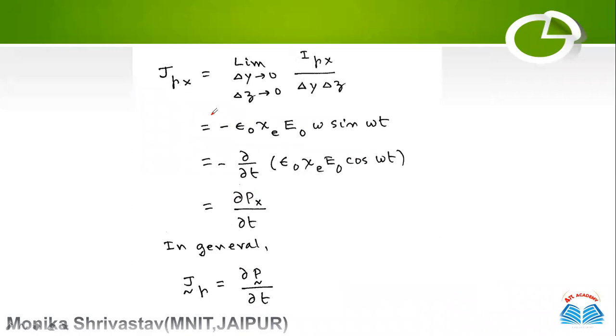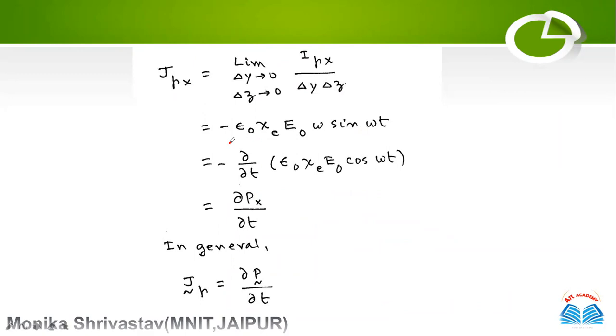So now we have to calculate the current density. What is the current density? Current per unit area, so the area is delta y delta z. We know the value of I, px. Just put that in: minus epsilon naught chi e E naught omega sine omega t.